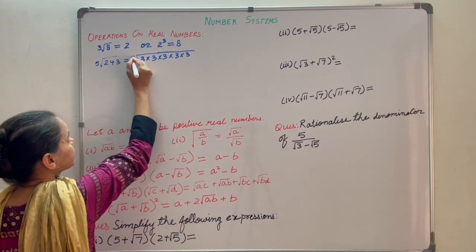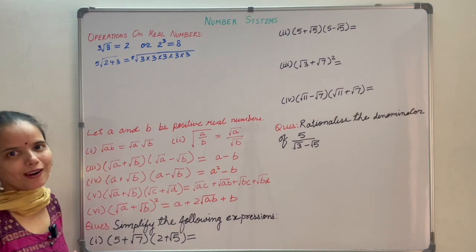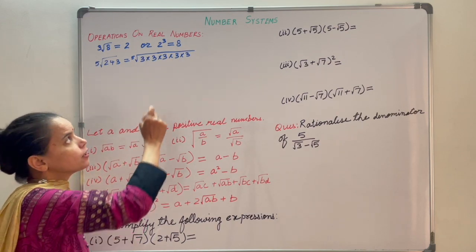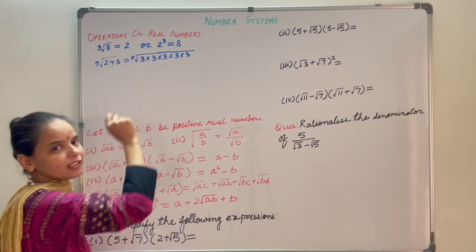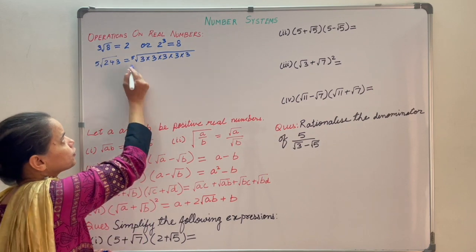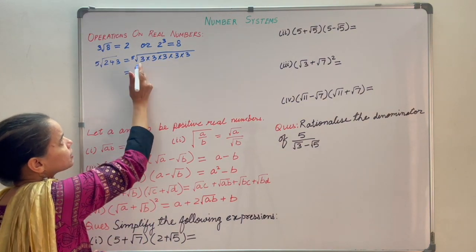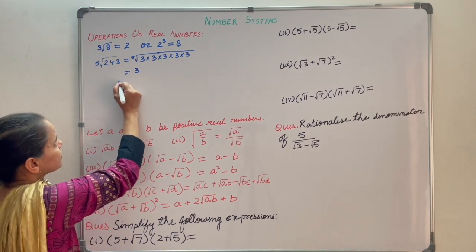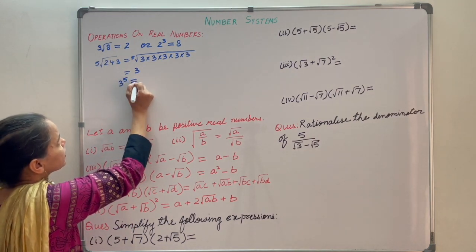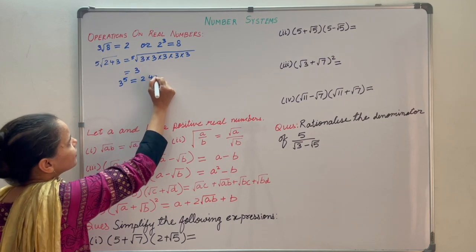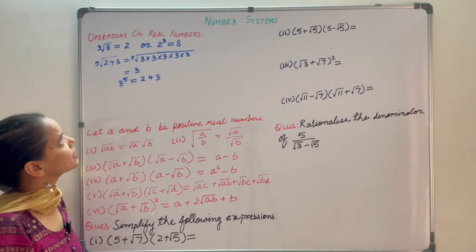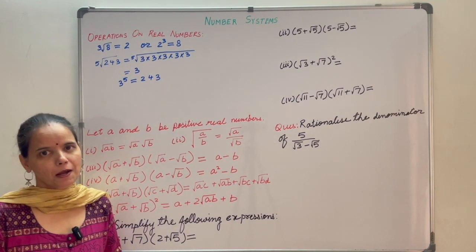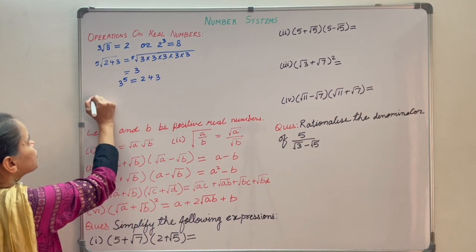So you have to find out the fifth root of 243. That means you have to make groups of 5. So here you can see that 3 is in a group of 5. So when you take the fifth root of this, you will get 3. Or we can write the same thing as 3 raised to the power 5 is equal to 243.